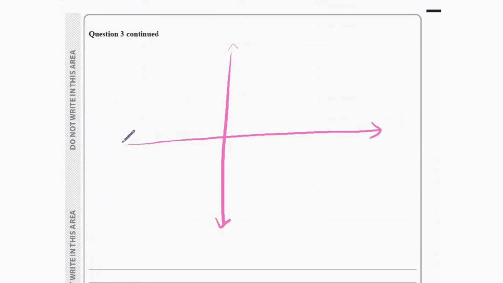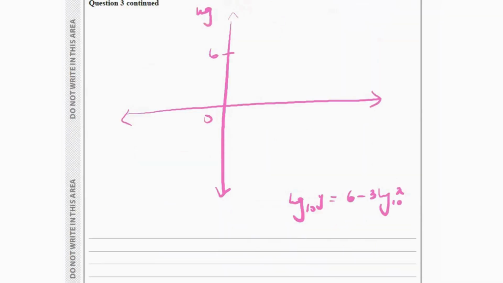So we'll draw this rough sketch. Y-intercept is 6. Gradient is negative 3. X-intercept is going to be, log of y to the base 10 equals 6 minus 3 log of x to the base 10. Since we're plotting log of y to the base of 10 against log of x to the base of 10, for the x-intercept we put log y to the base of 10 equal to 0 and find the value of log of x to the base of 10, which is going to be our x-intercept.